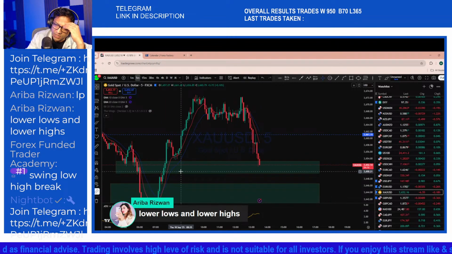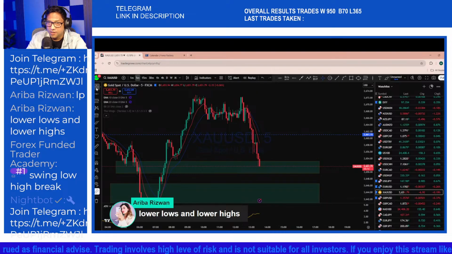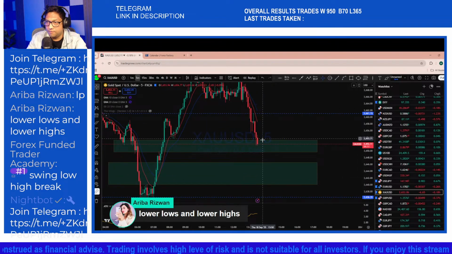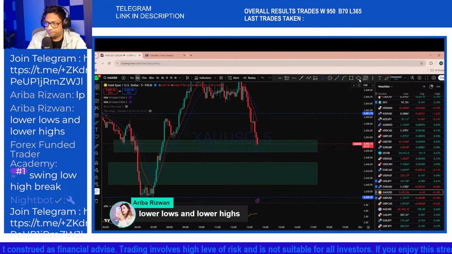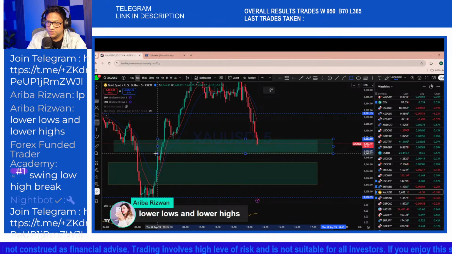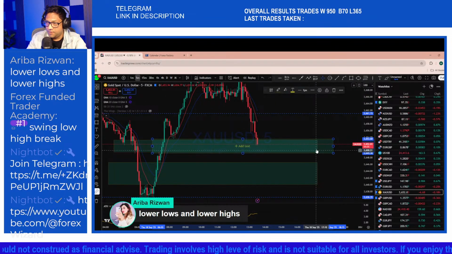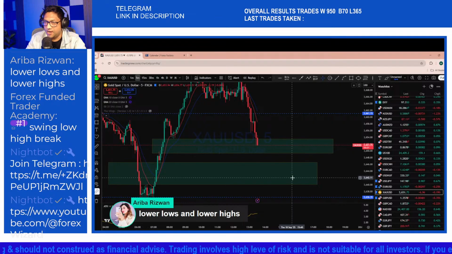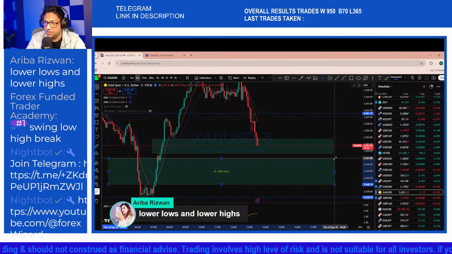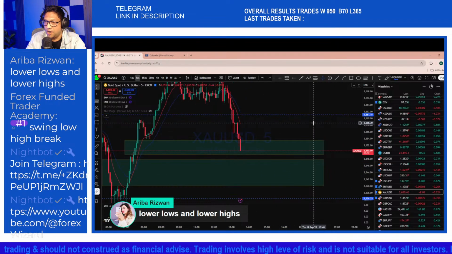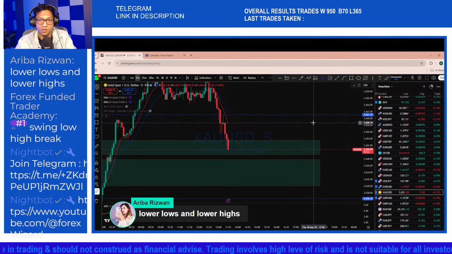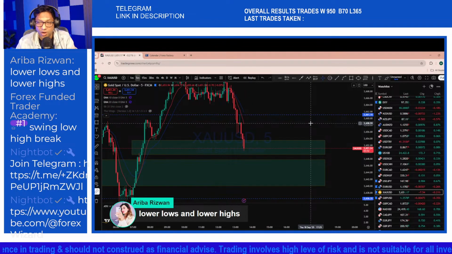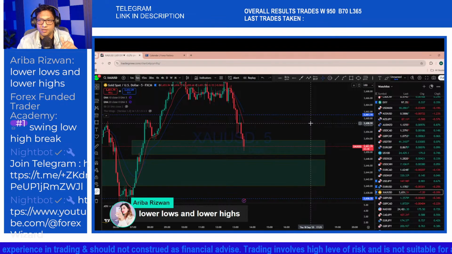Now, because there is a massive fair value gap, it has started to push down here. You can see this is the fair value gap, and all the trades that I am posting in the group and also discussing, all of them we are looking for this kind of fair value gap to be filled, and that's what we are looking at in the market.